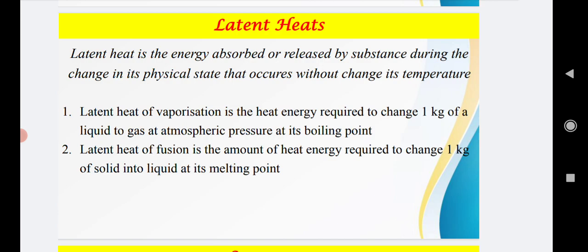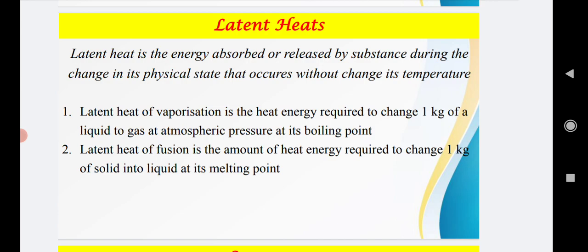So there are two main types: latent heat of vaporization and latent heat of fusion. So what is latent heat of vaporization? It is the heat energy required to change 1 kilogram of liquid to gas at atmospheric pressure at its boiling point. So at the boiling point of water, when 1 kg of water gets converted into gas, this is called latent heat of vaporization.